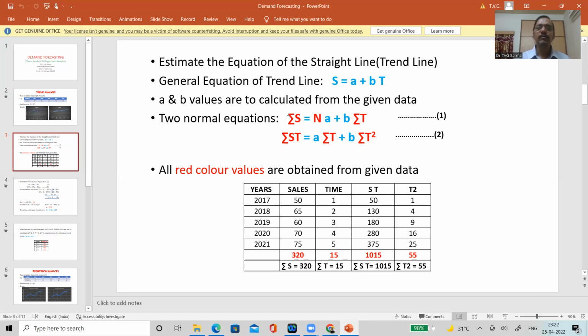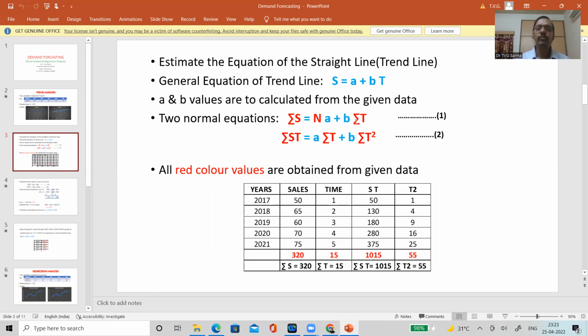It is obtained by simply putting a summation symbol to the general trend line, that is, summation S = nA + B summation T, which is the first equation. The second equation is obtained by multiplying this equation with T. If you just multiply it, you get summation S into T = A summation T + B summation T square.